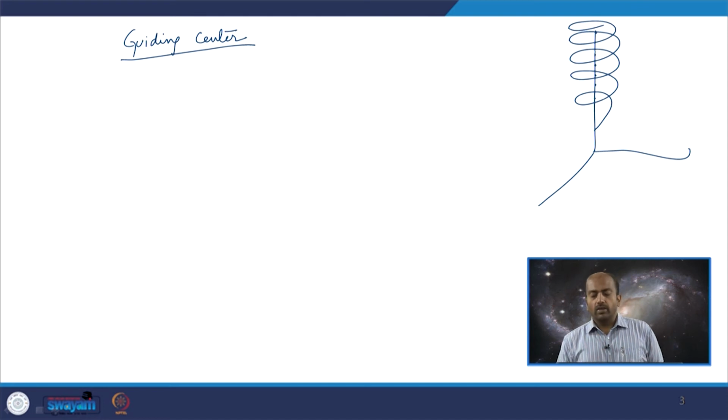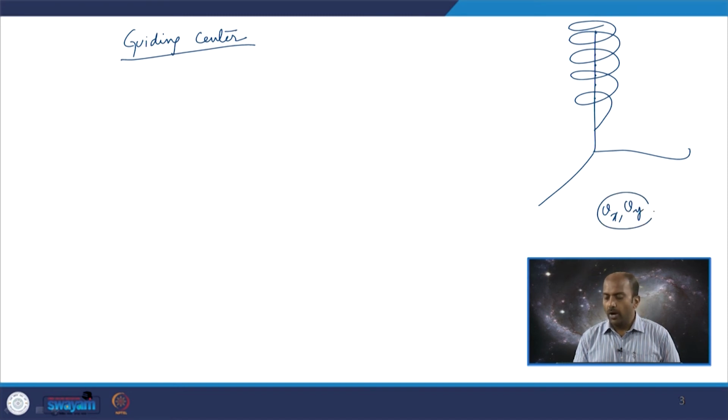Okay. Now, if you observe carefully, the x component of velocity and the y component of velocity combined give you the circular motion, and the z component of velocity is pushing the particle linearly along the z direction.